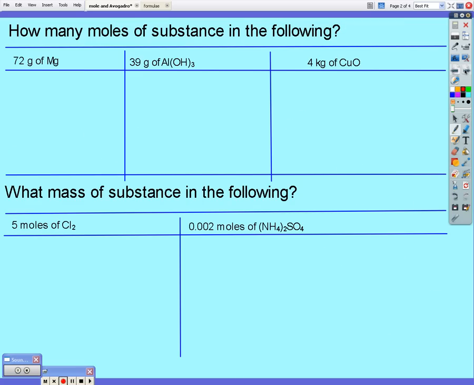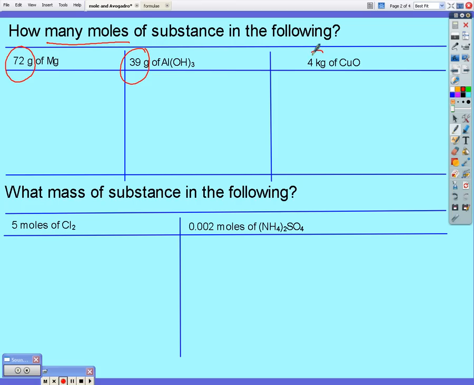Okay, let's take some examples. I've put a bunch of questions up here which come from your sheet. If we have a look at those together, the first thing's asking us how many moles of substance are in the following. And you can see in all the cases we've been given masses.